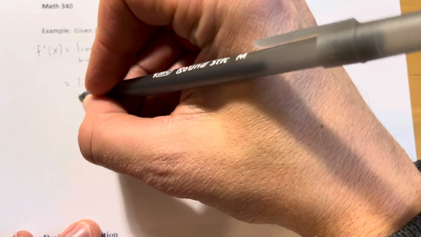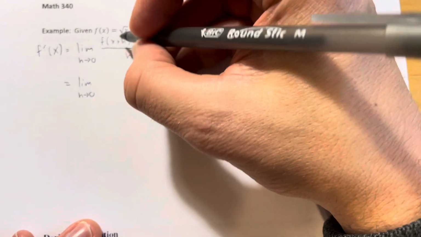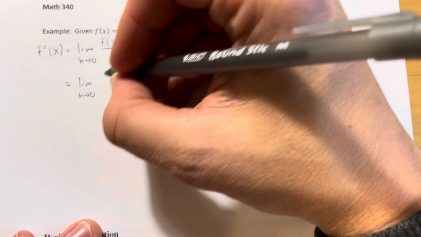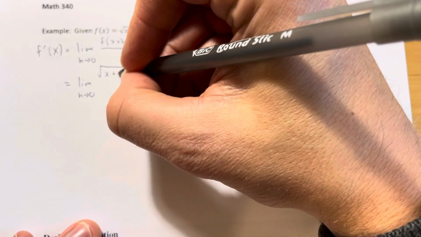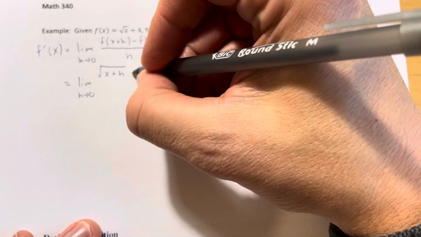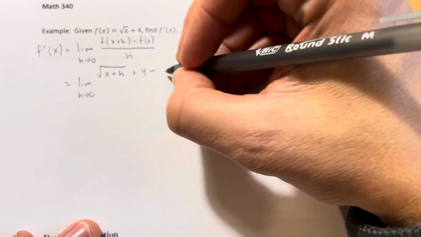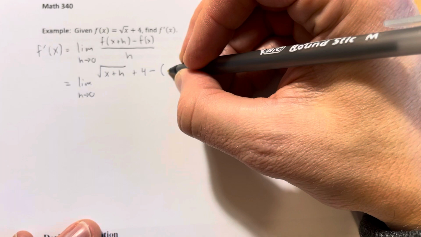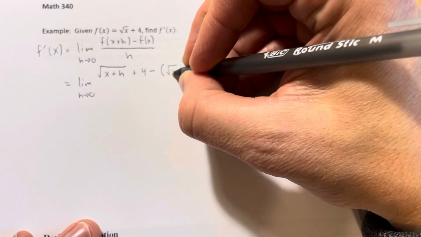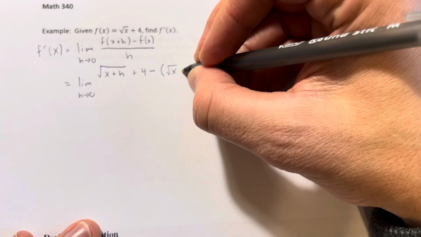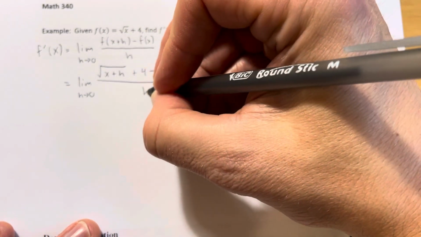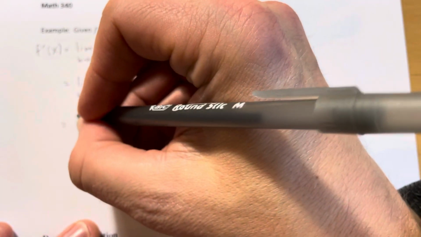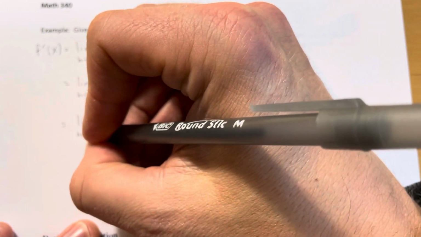So what does this look like? Limit as h approaches 0. X plus h is substituted in for the x right here, so I'm going to get the square root of x plus h plus 4 minus, and then in parentheses over here, f of x. So that's the square root of x plus 4 all over h. Okay. We have to work at simplifying this now.